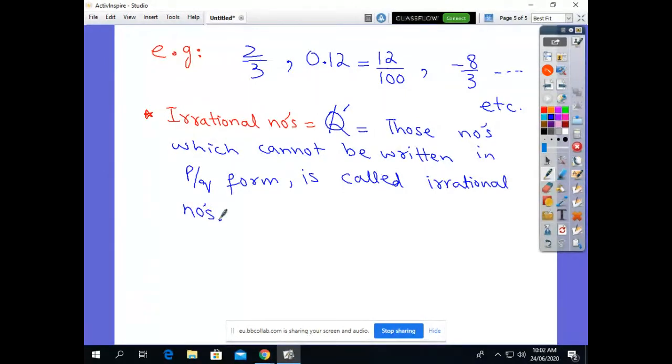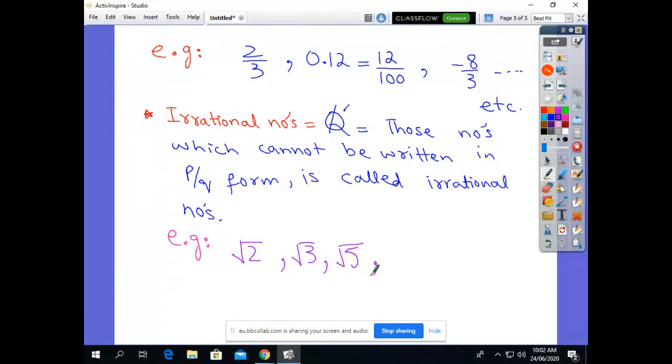For example, all those prime numbers written within a square root: the prime number 2 written in a square root, the prime number 3, the prime number 5.